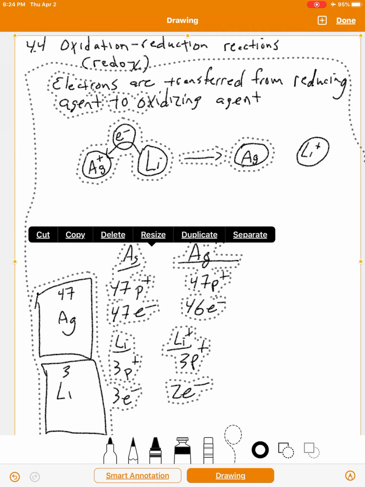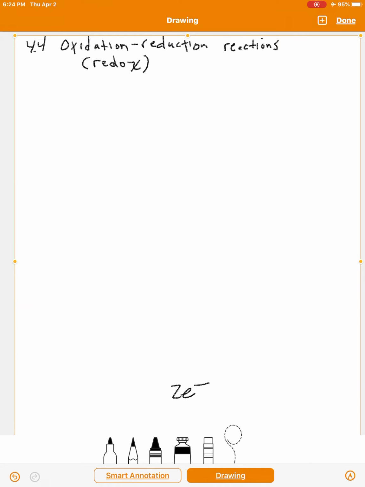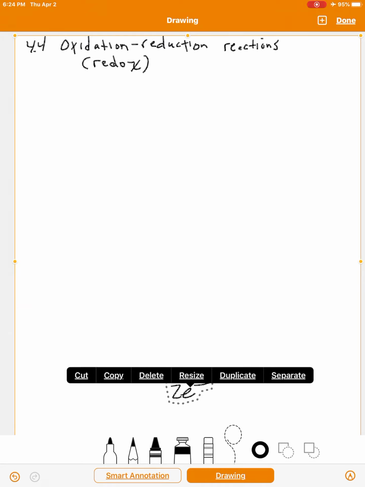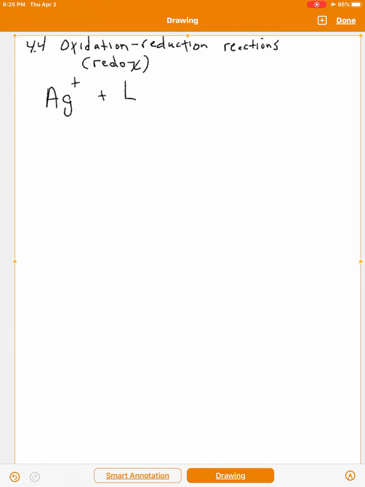Now what I'm going to do is show the same process using a chemical equation. Okay, so the process is silver ion reacting with lithium to form silver and lithium ion.